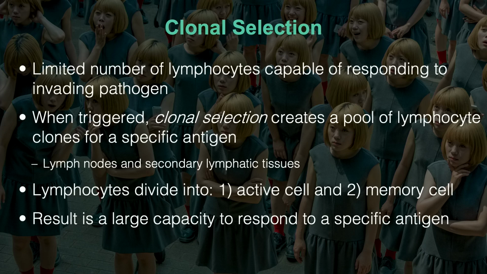For a few days after you get a cold or some invading pathogen, we are busy making this large pool. And then after a few days, the pool starts to mount an appropriate immune response. That's why it seems to take a while to respond to a cold or a flu or some other invading pathogen.